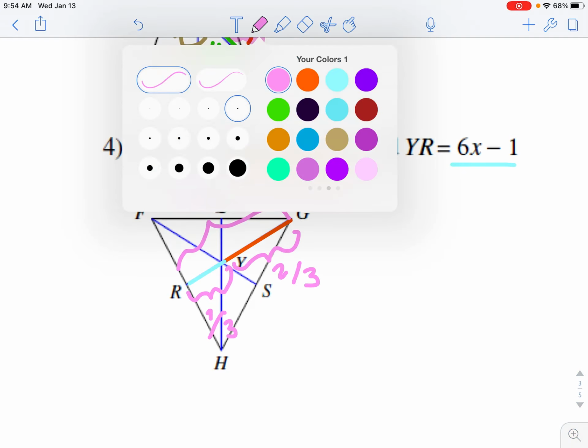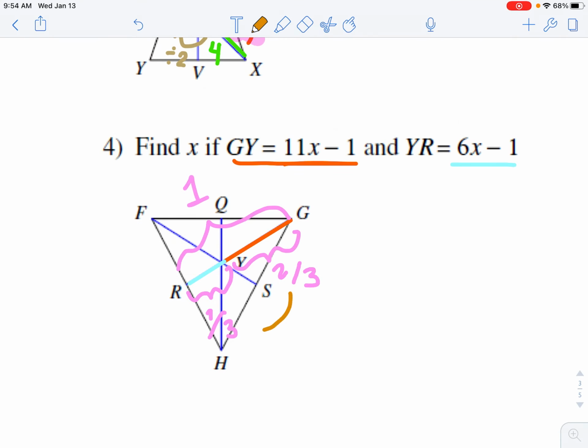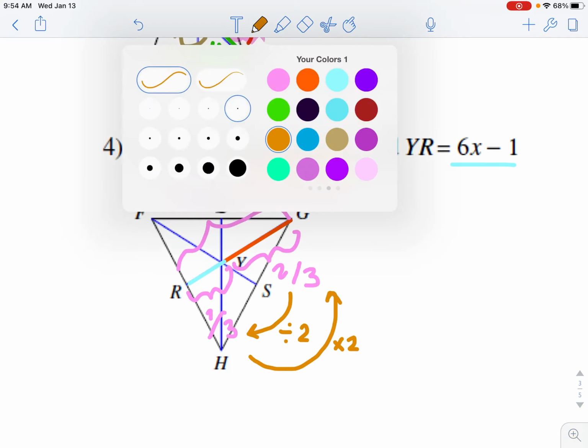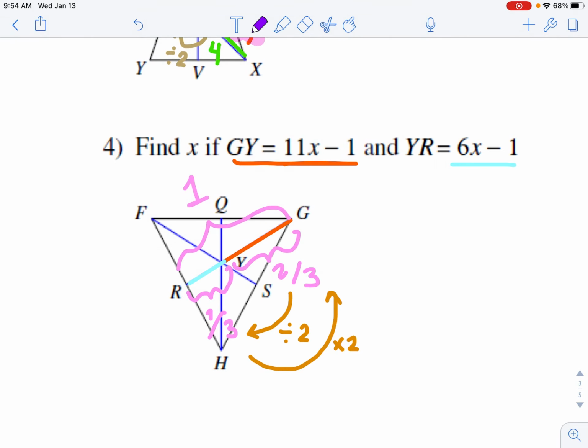All right. So you can either think, if I want to, I can either divide by 2 to get to there, or if I go this way, I can multiply by 2. All right, so GY is 11x minus 1, and that's angle to centroid. YR is 6x minus 1, and that's centroid to midpoint. So what I'm going to do is I'm going to pick this one.